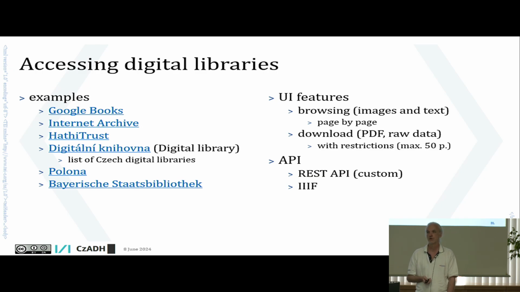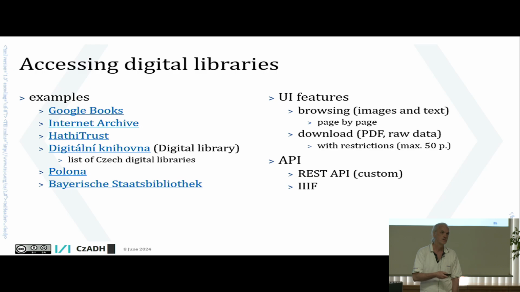These libraries work as web pages for users, where they can browse the content, mostly page by page. They see images of the text, or the text itself as plain text, or some layout above the image.